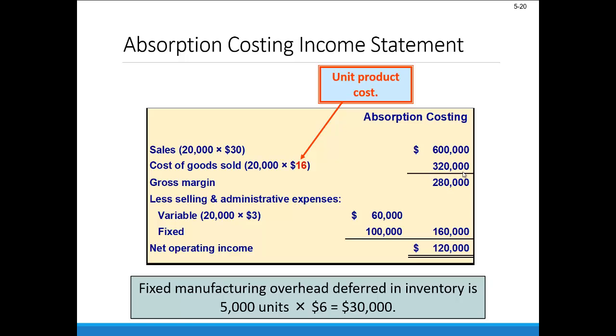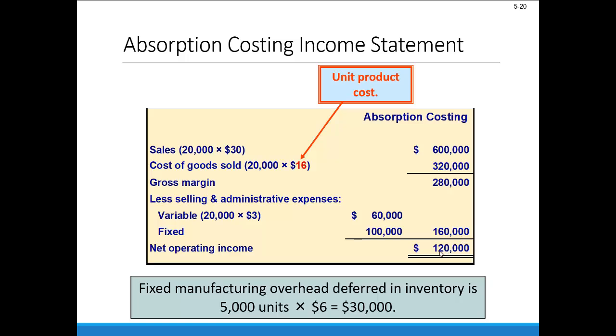So 320,000 in total for cost of goods sold, leaves us with gross margin of 280,000. And then we'll deduct all the selling and admin expenses. So the variable piece, 20,000 units at $3, and that fixed piece, 100,000 for a total of 160, and that leaves us with net income of 120,000.